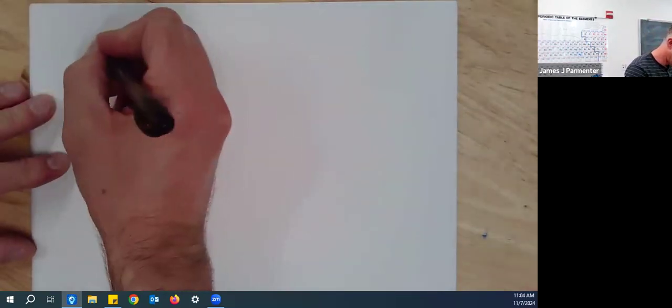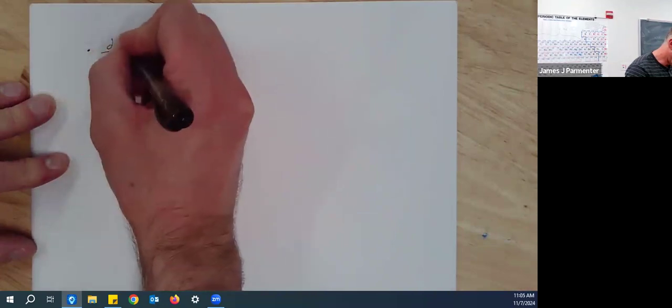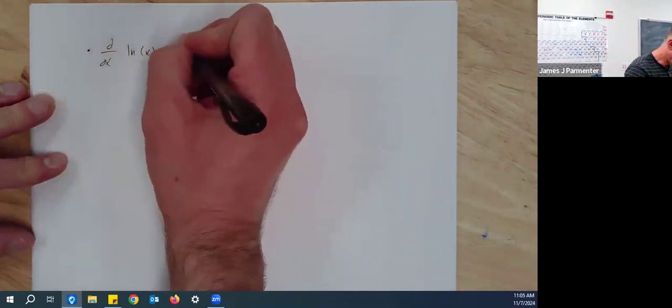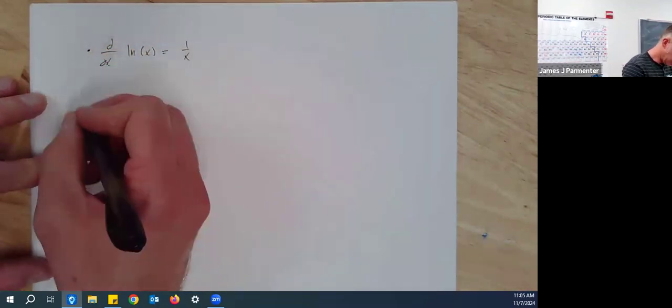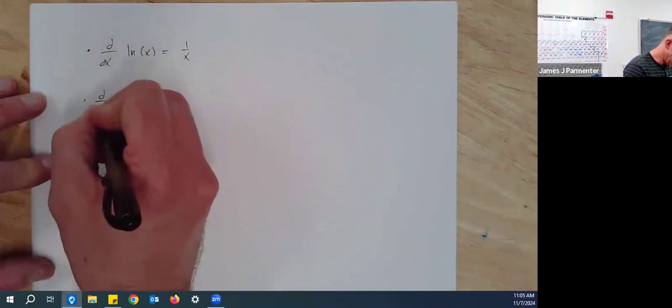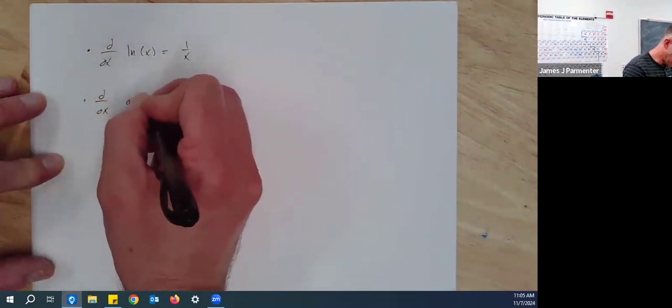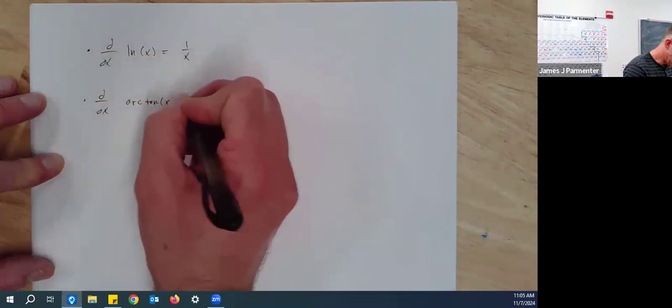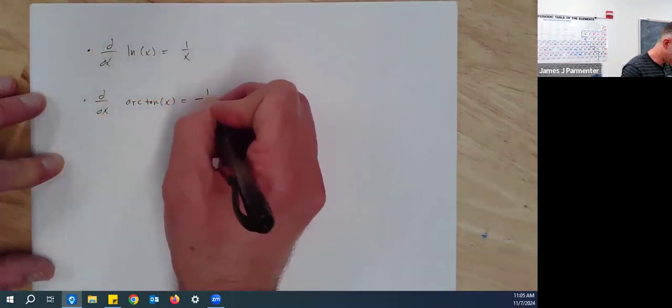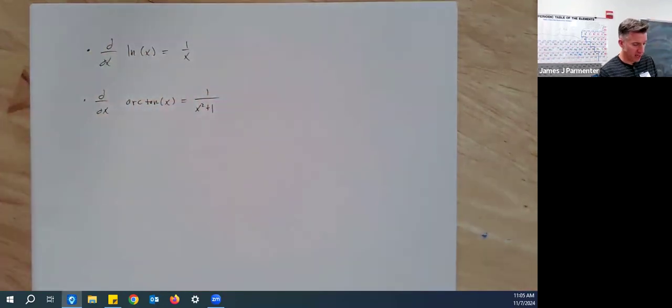Here. So this is a reminder. The derivative of the natural log of x is 1 over x. And the derivative of the inverse tangent or the arctangent of x is 1 over x squared plus 1. And whenever I see formulas like this, I immediately want to think of the chain rule version.